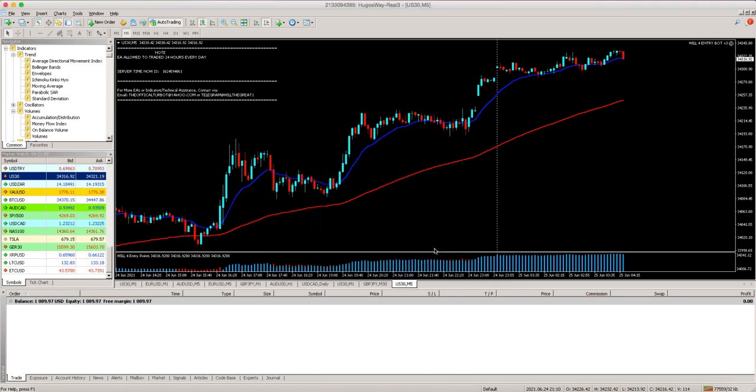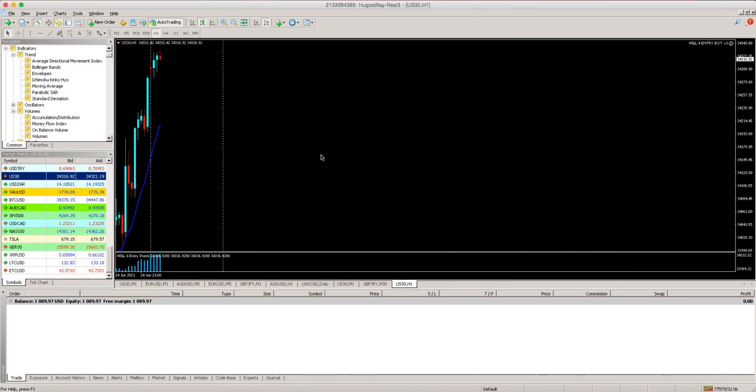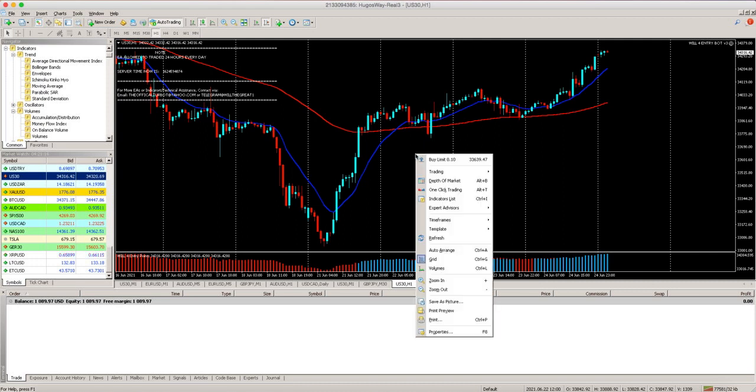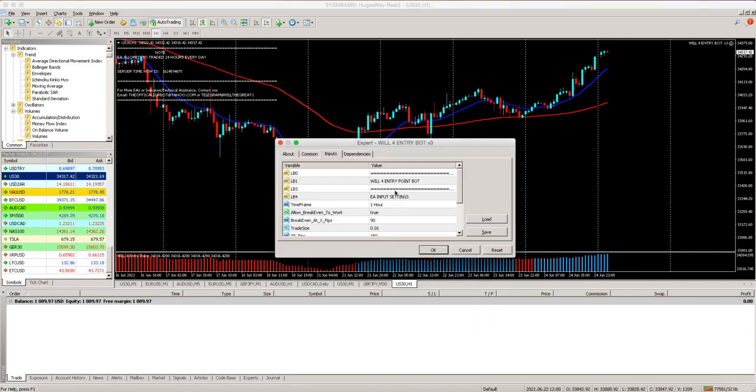I will hit OK and then go to the hour chart, and now it's ready to be a scalping beast. It is ready to trade on that time frame. Now I'm gonna put it back on for tomorrow, New York session, because that's what we have it set for.